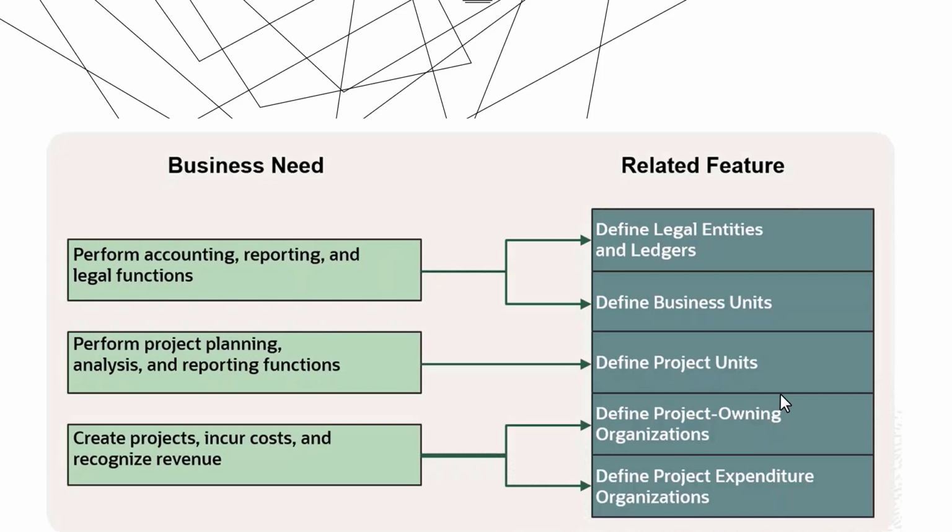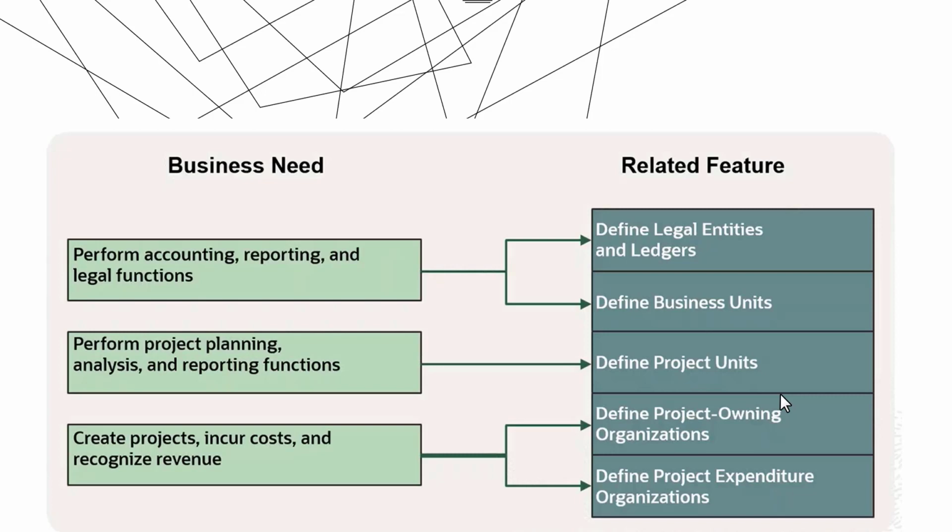For every organization, performing legal functions and accounting and reporting requirements are going to be very common requirements. And for that, we have related features inside Fusion, which are legal entities, ledger, and business units. These three are basic enterprise components, and they fall into what we call common application configuration.